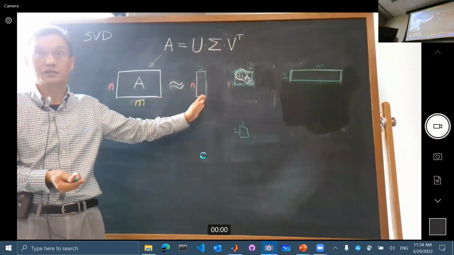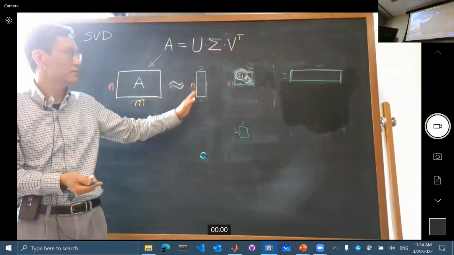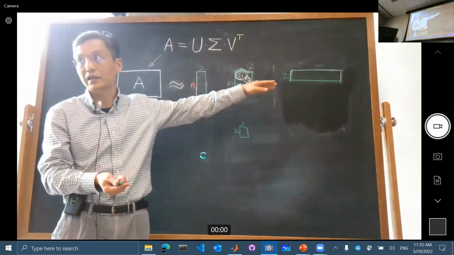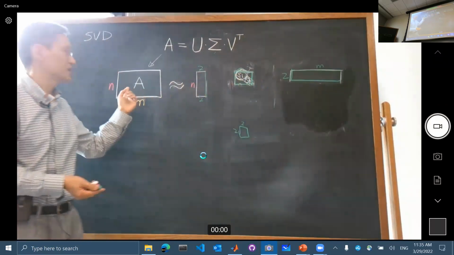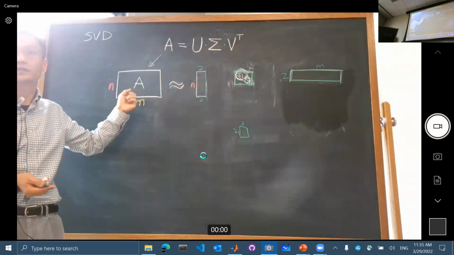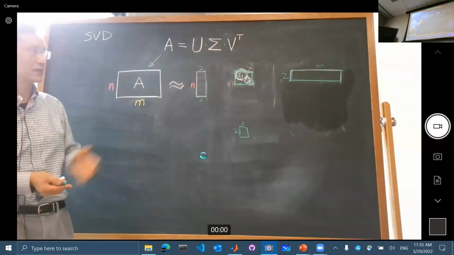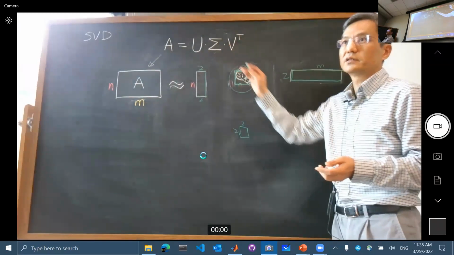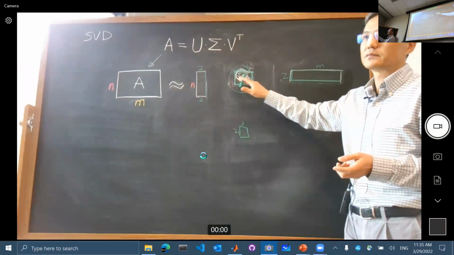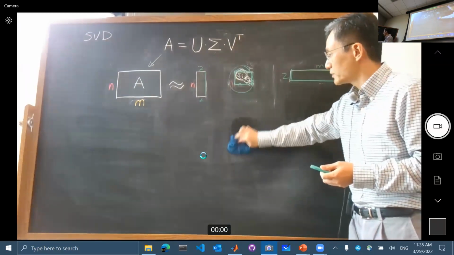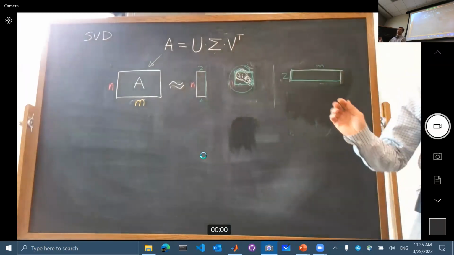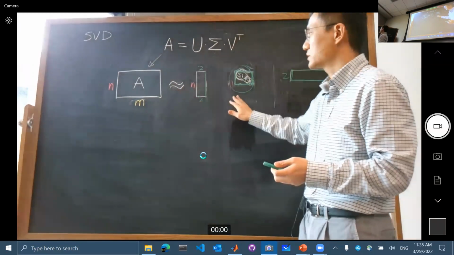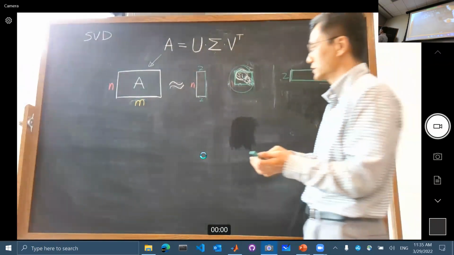It is much simpler, right? n by 2 times 2 by 2, times 2 by m, gives n by m, the same dimensionality as the original, but you approximate that. So we use these sorted singular values and keep them to rebuild our matrix as our approximation. This is called low rank approximation.